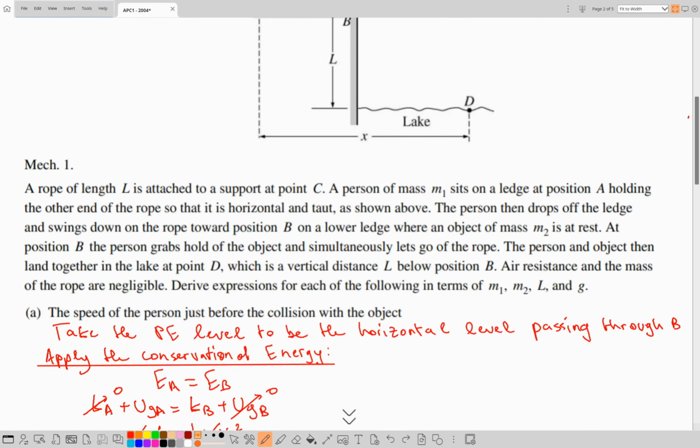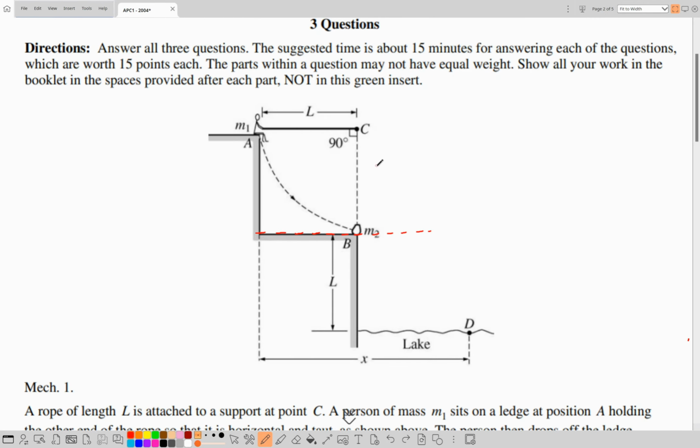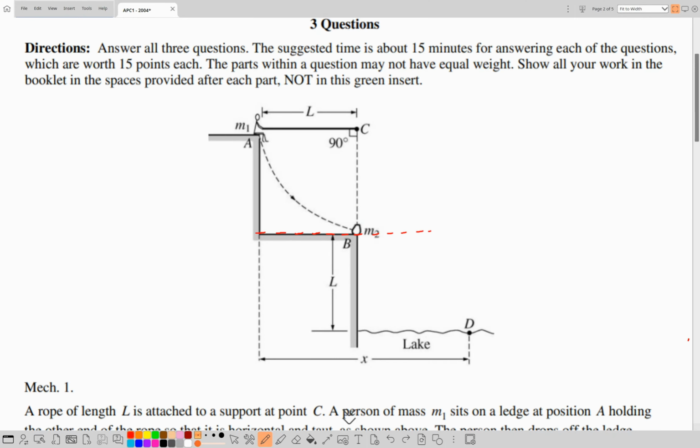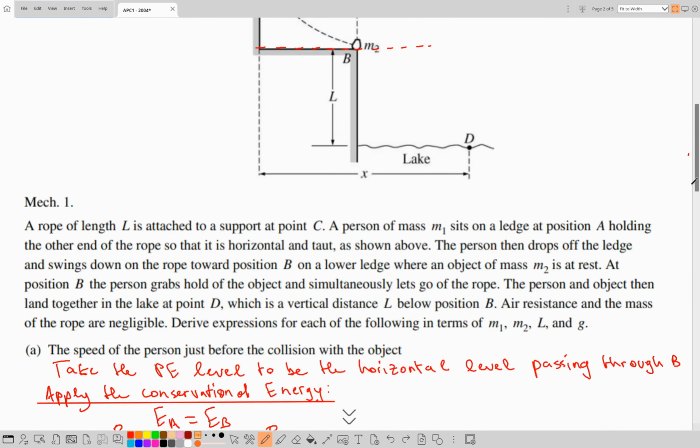Now what are the forces acting on the person when he's just before colliding with the object M2? So that's the person. For sure we would have the pull of gravity, which is down, and we would have the tension force, which is up along the rope. No other forces, because we're supposing that the person is not in contact with this level surface and neither with the object.